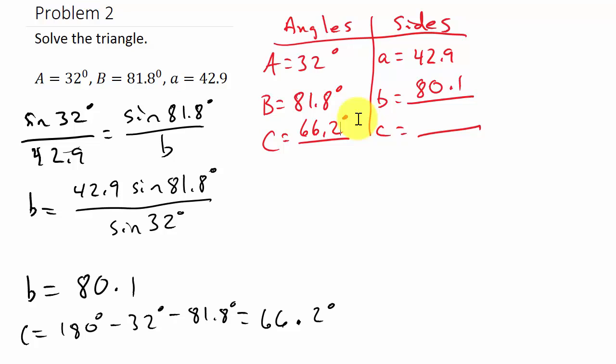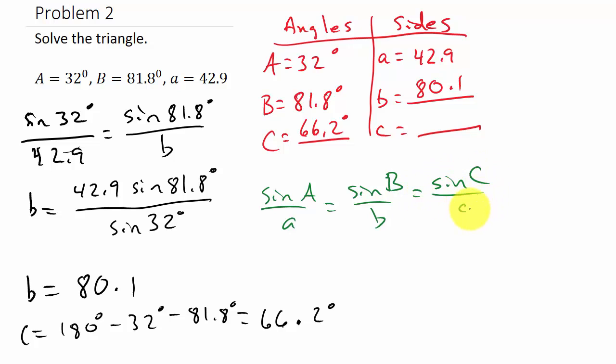All right, now I can solve for side C. So solving for side C, remember, we've got sine A over A equals sine B over B equals sine C over C. Now, look at this.